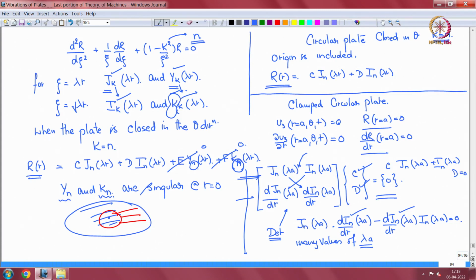So this is what I mean by one of these being solved in terms of the other. So we will solve D in terms of C. So D is minus C J_n by I_n. So this D now is minus C J_n(lambda a) by I_n(lambda a).